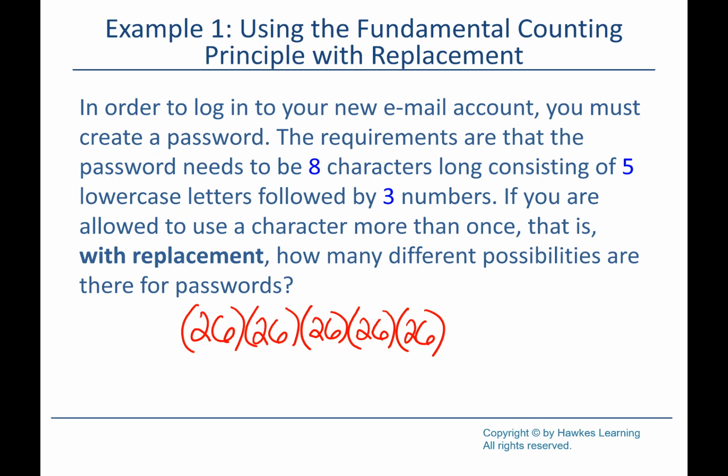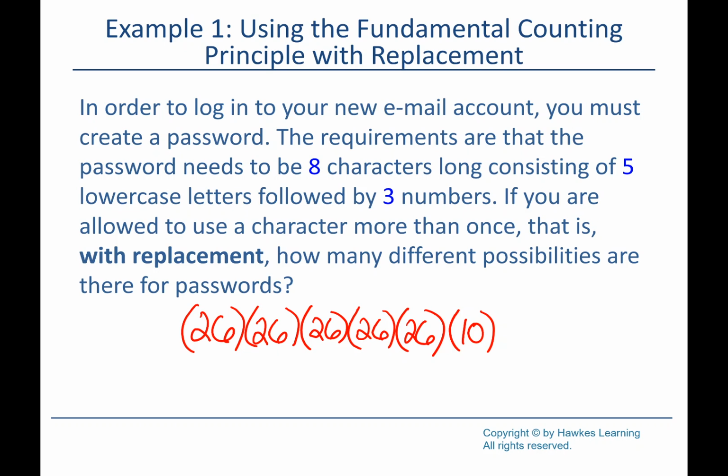Okay. Now we're through the first 5 that are letters. Now we're on the last 3 that are numbers. So we're picking a digit, 0 through 9. How many choices do we have for picking a digit 0 through 9? We've got 10 choices. So 0 or 1 through 9, that's a total of 10.